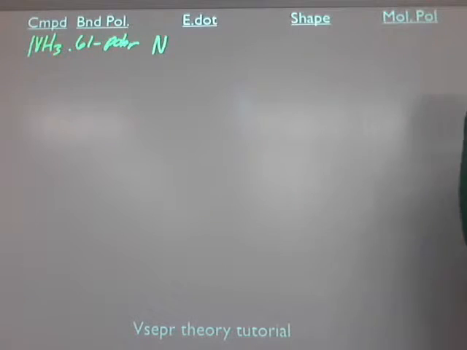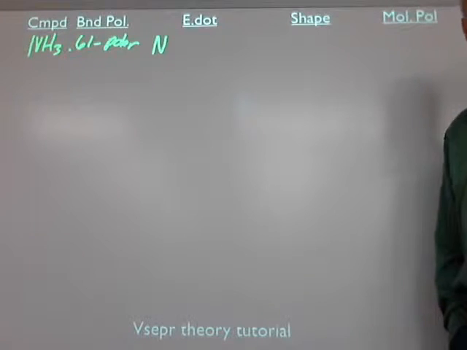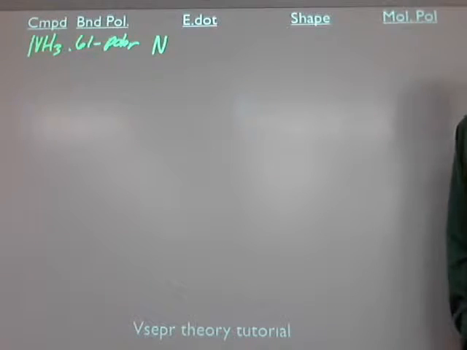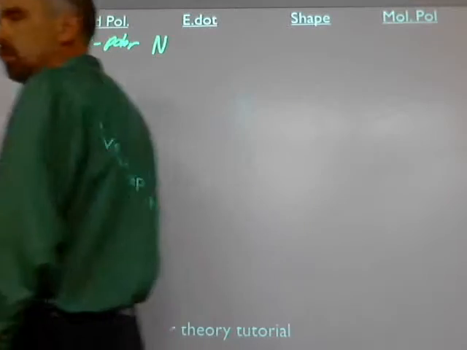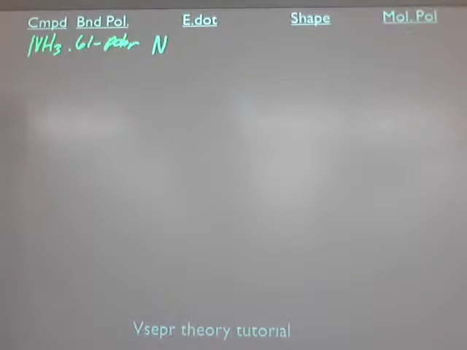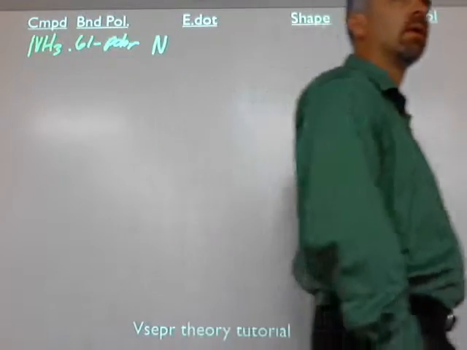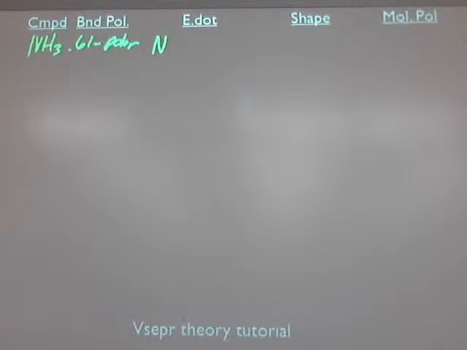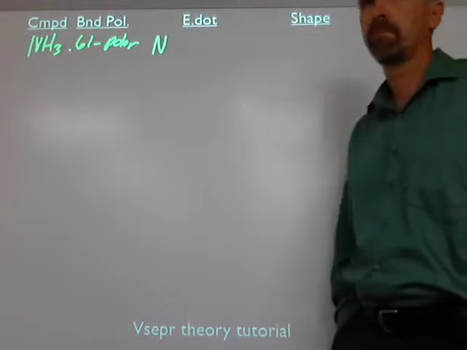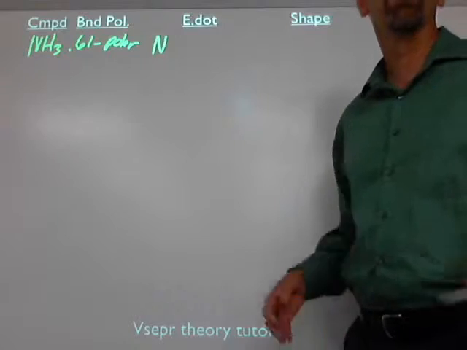Draw N by itself, draw H by itself, put them together the way you would think they would fit to satisfy the octet rule, not creating or destroying electrons, giving everybody an octet where you can. And then see if you can predict the shape.